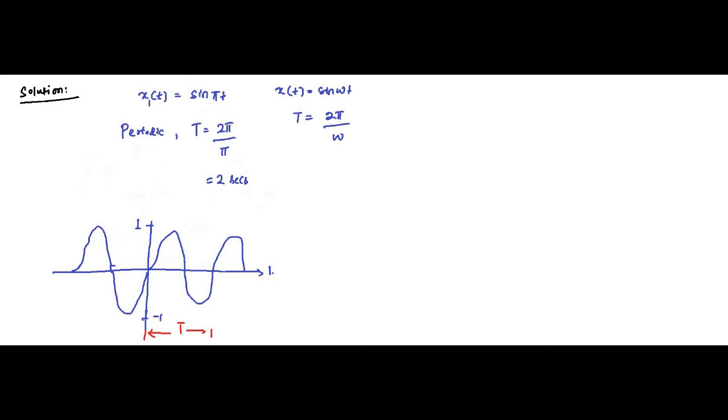Now we have the unit step signal, which exists only for positive time. It is a causal signal.